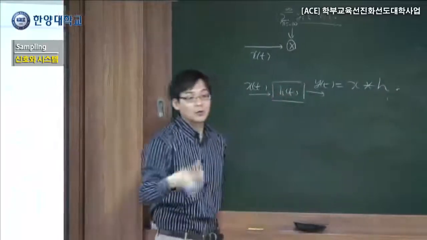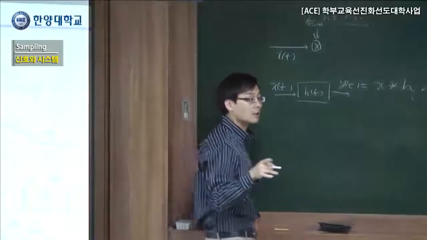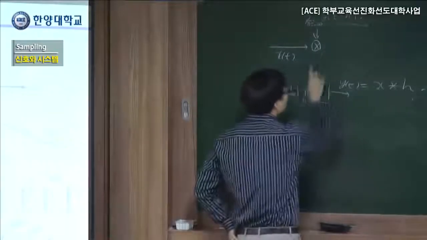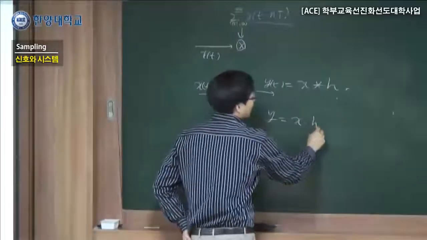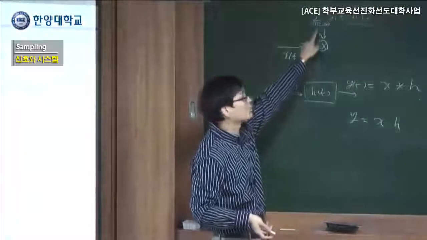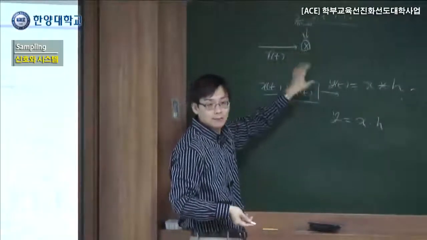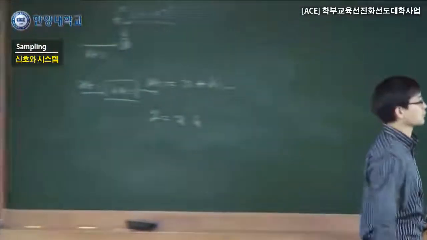That's what we have conducted in exercises so far. What if we do a multiplication instead, y equals x multiplied by h, for example? This is just simply multiplying, not doing the convolution. Then what happens?